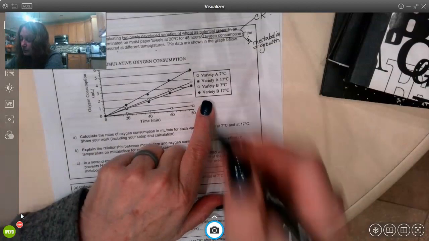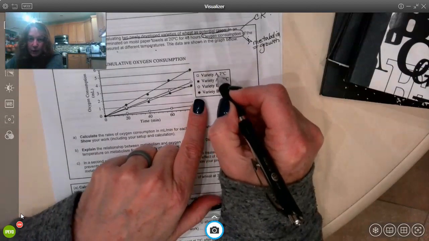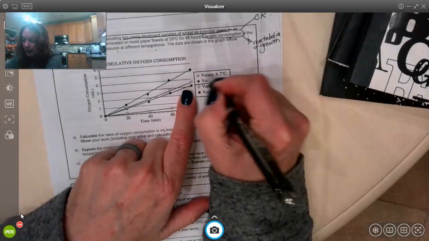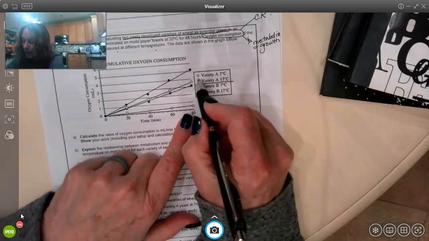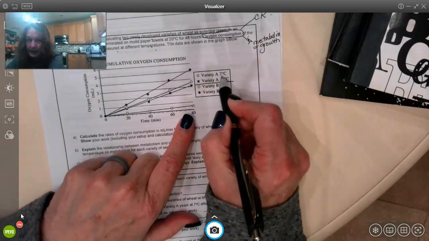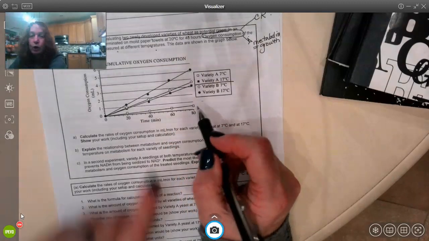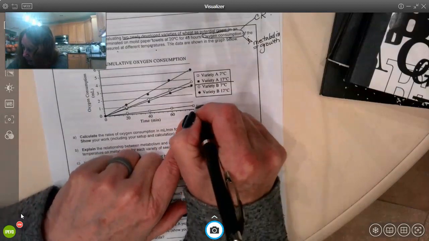So the ones that are squares are this first variety. So I come over here and I'm going to see what's going on. So variety A at 7 degrees has the lowest slope. I come over and I write it.